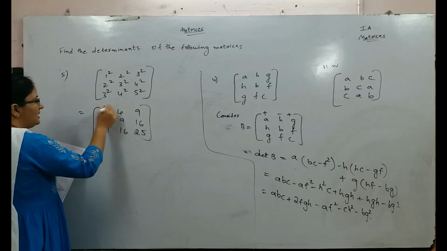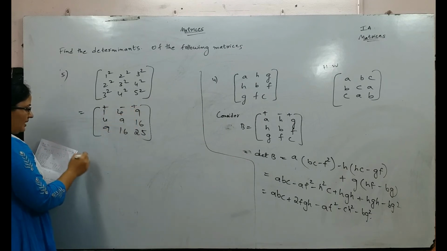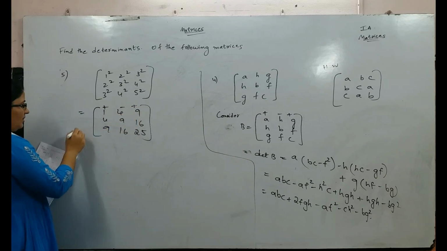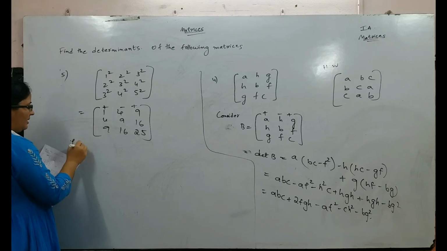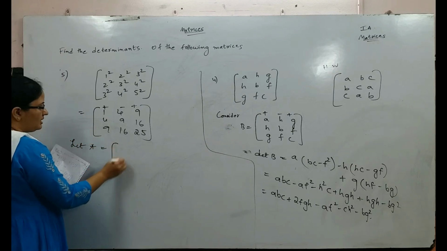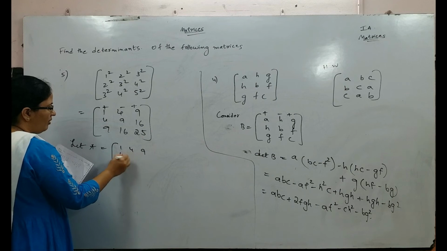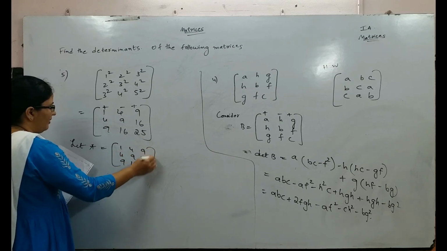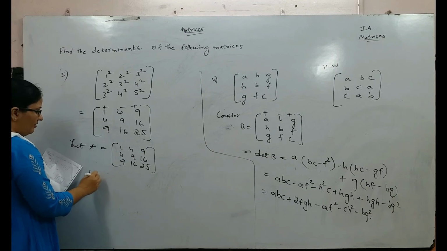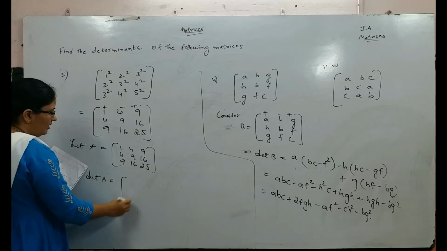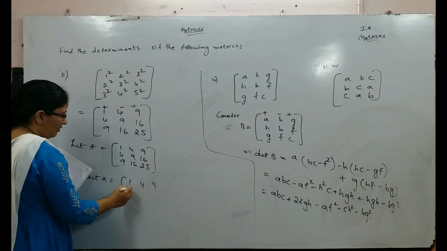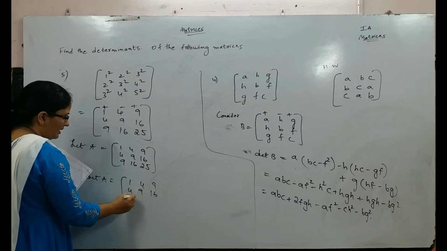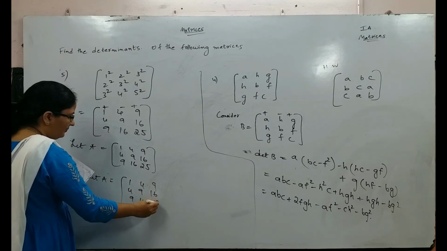Put plus, minus, plus. Now let A be the matrix 1, 4, 9, 4, 9, 16, 9, 16, 25. We have to find the determinant of A.